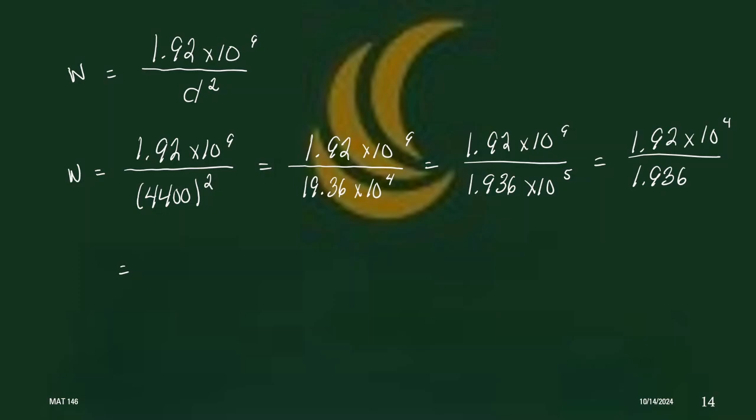All right, so let's do it this way. 1.92 times 10 to the 4th divided... 9,917. That can't be right. There's no way the dude weighs 9,000 pounds on a satellite. So what do we say?